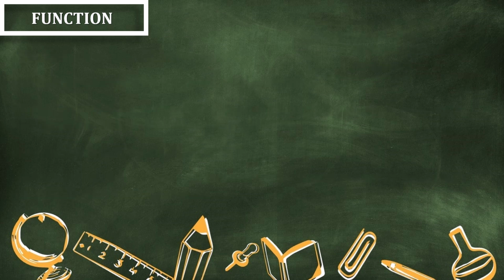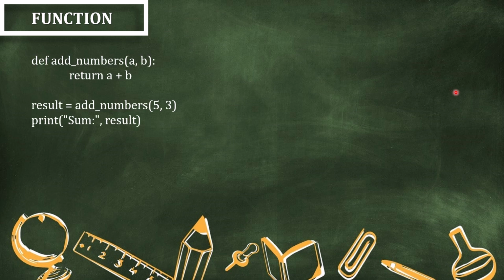Moving on to the next thing, here we have a program that consists of a function preceded by the keyword def, and the function name is add numbers. We have two parameters, a and b, and we are returning the sum of those parameters. In the main program, we have a variable called result, and we are calling the function here.